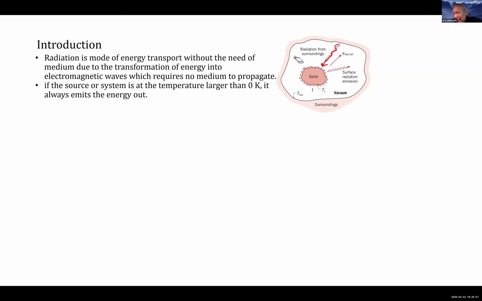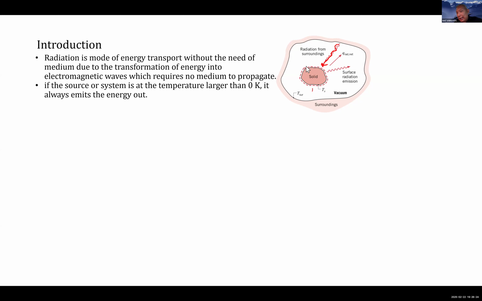But in radiation, it's not like that. This is the higher temperature surface, and this is the lower temperature surrounding. Energy will be emitted from here to there, and the surrounding is going to emit energy back. So there is something called radiation exchange.